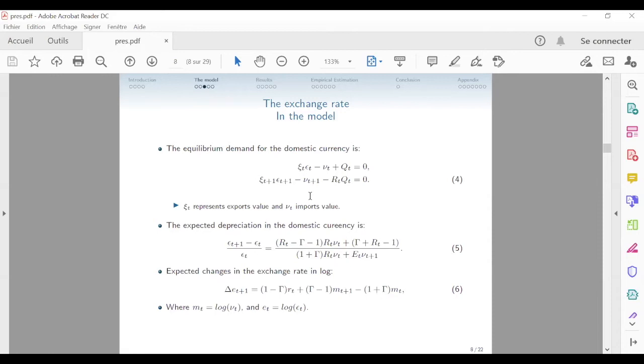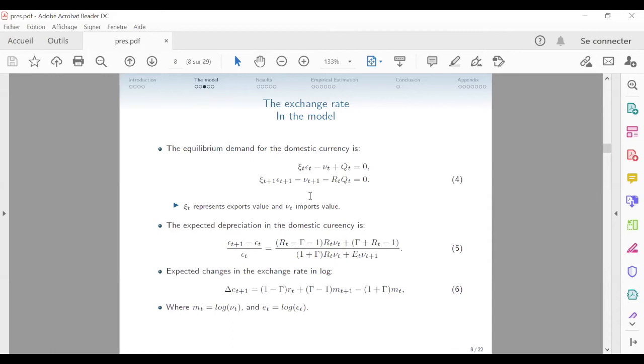We have the same impact for import values, the one I've been talking about since the beginning. When import value increases, the financier is long, so we have a depreciation followed by an appreciation. For M T+1, it's the same, but in T+1: when import value increases in T+1, the exchange rate in T+1 depreciates to appreciate further.